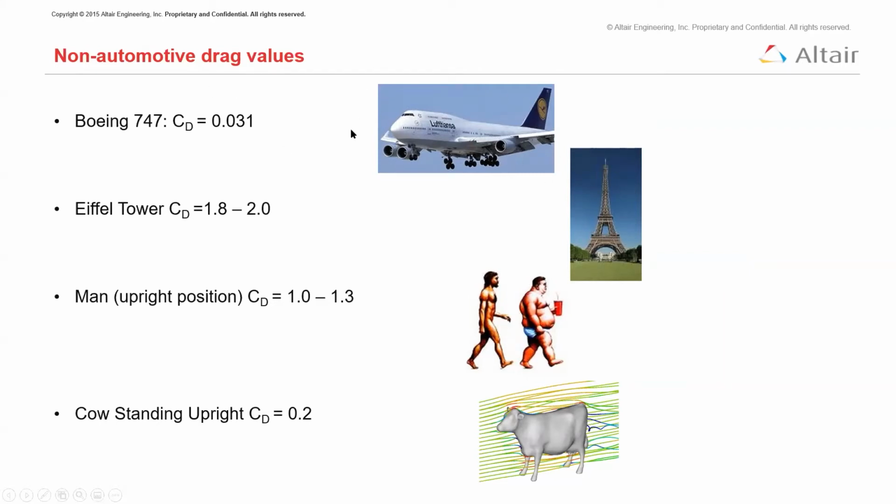So of course, with a larger area, this value is going to be a little bit smaller. But you can see that use case there. We've got the Eiffel Tower, roughly 2, an upright man around 1. And then we actually have a coworker who ran this study just this last year and got a CD value of 0.2 on a cow. So if you're ever in trivia and someone asks you that, now you know.